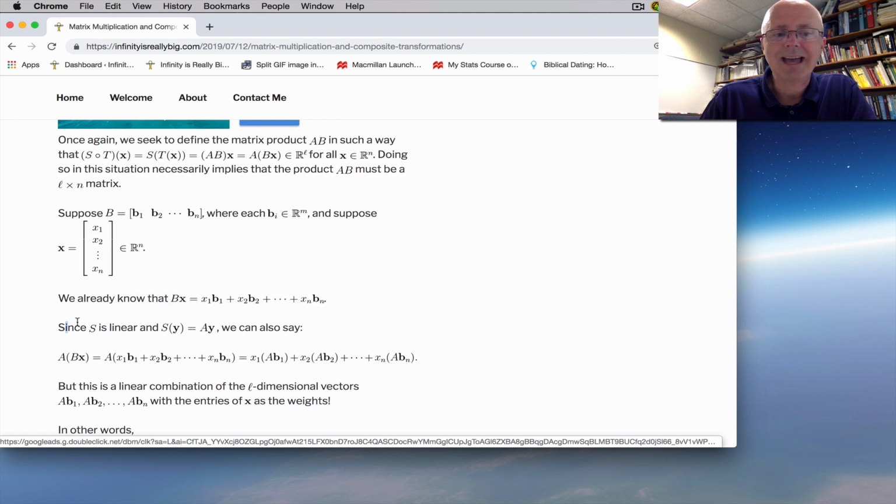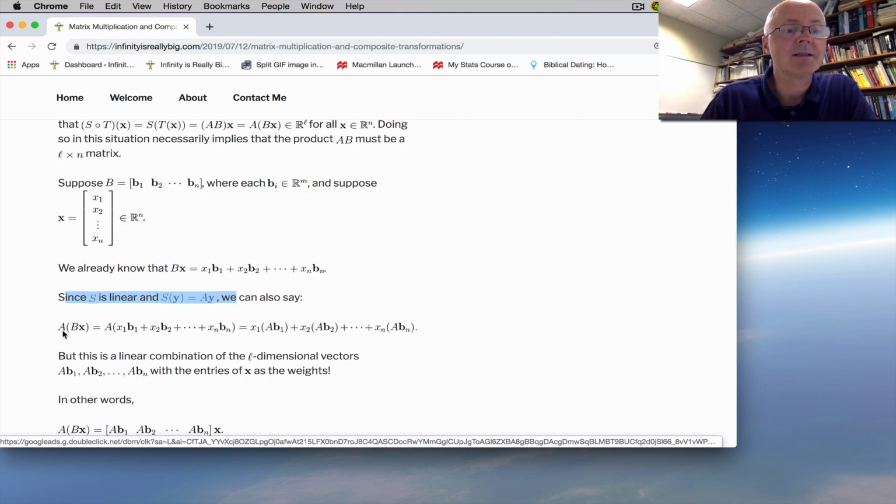Here's a key. Since S is linear and S of y equals A times y, we can also say, by the operation preserving property of A, that this equation is true. B times X is this, first of all, and then that's essentially S of this. So it's operation preserving. You get the same corresponding linear combination, S of B1, S of B2, up to S of Bn, which can be done by A times B1, A times B2, and A times Bn.